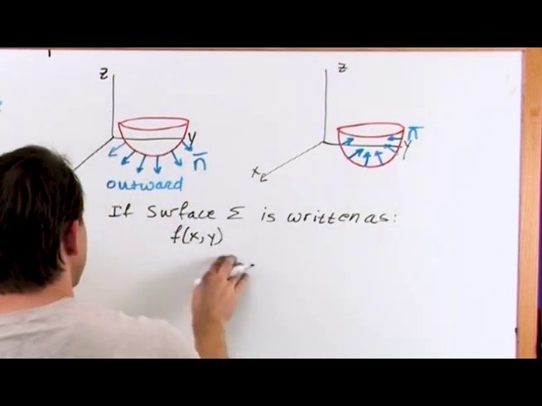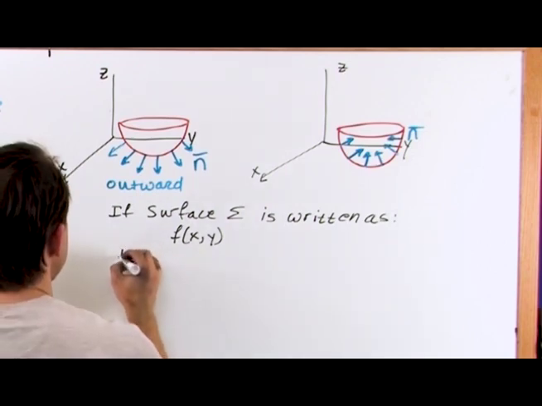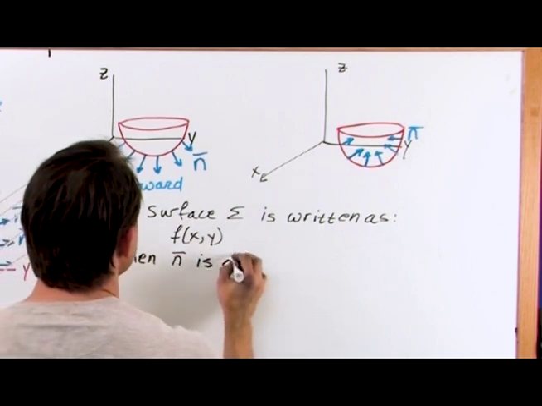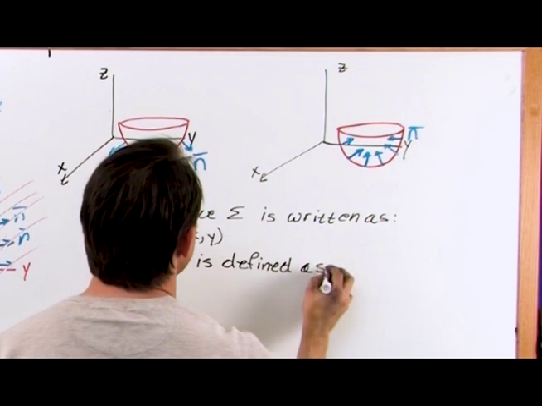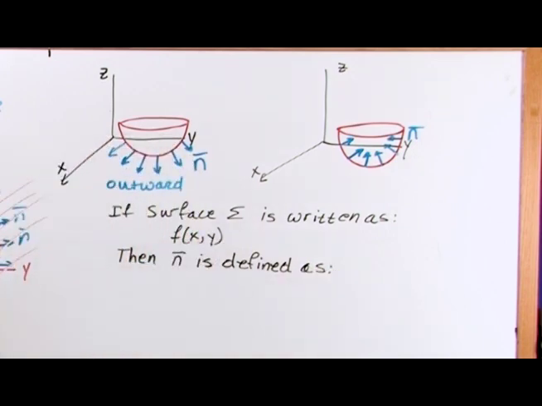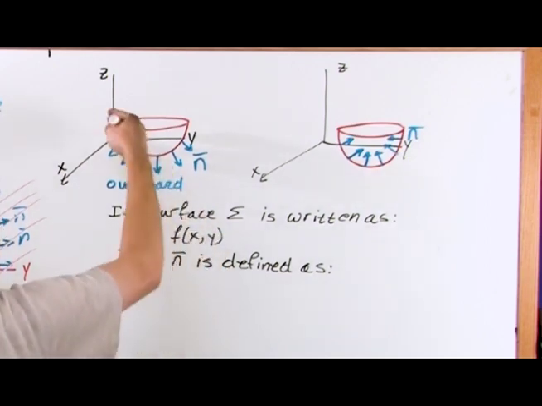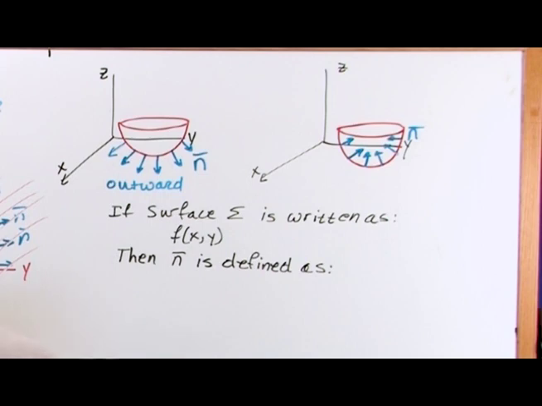So that's going to be what your surface is. Then n is defined, and I'm not even going to prove it, as, so given the surface, which is a function of x and y, this is not a vector field or anything, this is just an actual function of two variables that's going to describe this surface here, okay?